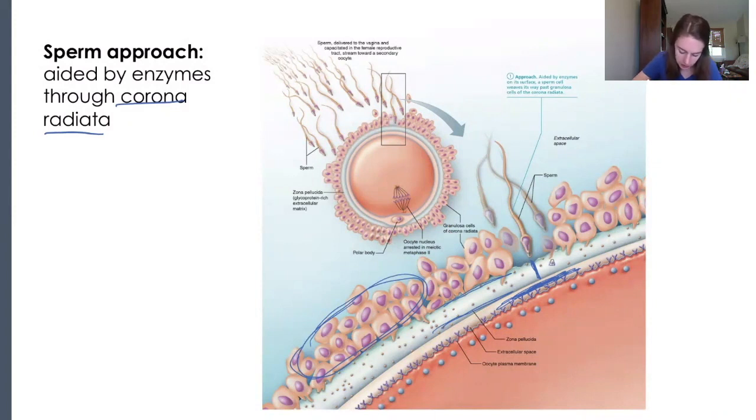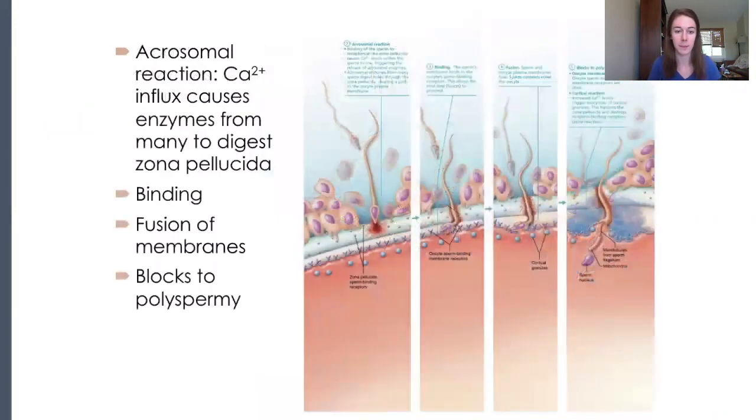The zona pellucida has these receptors, all these little yellow dots. There are also these receptors on the plasma membrane. So these sperm have to bind in two separate places before they can actually fertilize the egg. This is what it looks like when we have this acrosomal reaction beginning to happen. These sperm are going to bind on the zona pellucida after they've dug their way through those granulosa cells.